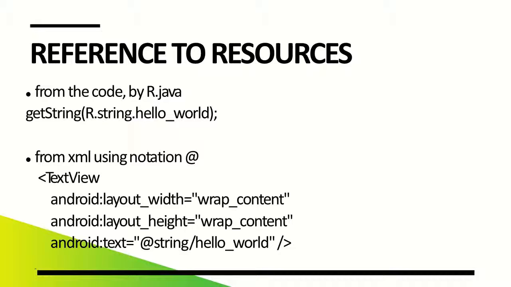The second approach is using dependencies between the resources inside the resources themselves. In the case of XML files with layouts, we may refer to certain resources which were defined in other files. For instance, if we have a button or a text view, we can specify the text that is to be displayed by using text equals @string/name.